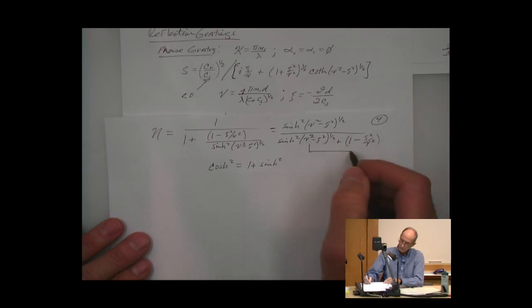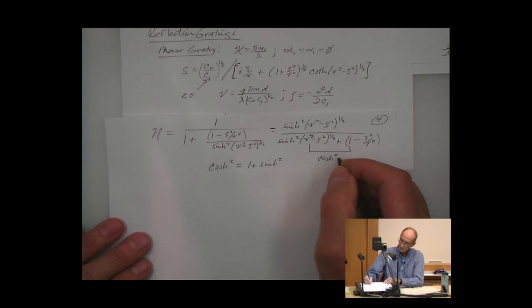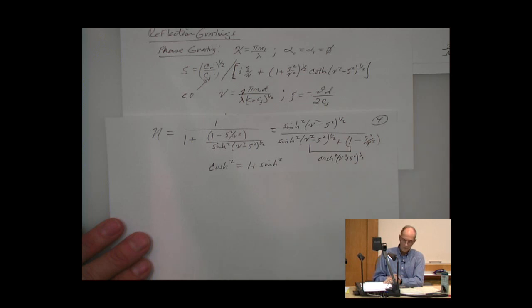So we can substitute that with cosh squared of (nu squared plus psi squared) to the 1/2 minus this factor. And this factor depends on the detuning parameter, right? That psi squared.